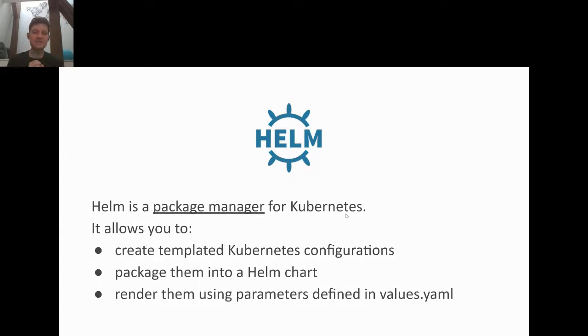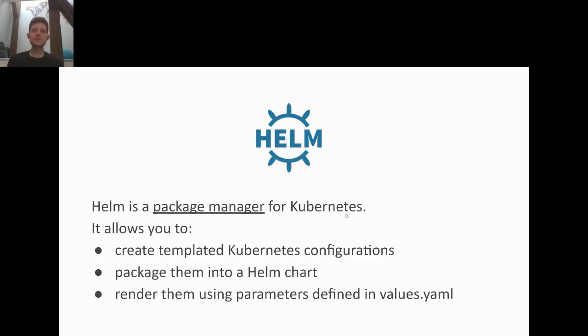Helm is very simple to use because creating a Helm chart requires no more knowledge than defining standard Kubernetes configurations. Helm charts are basically your Kubernetes configuration with some templated values. You can see it this way.